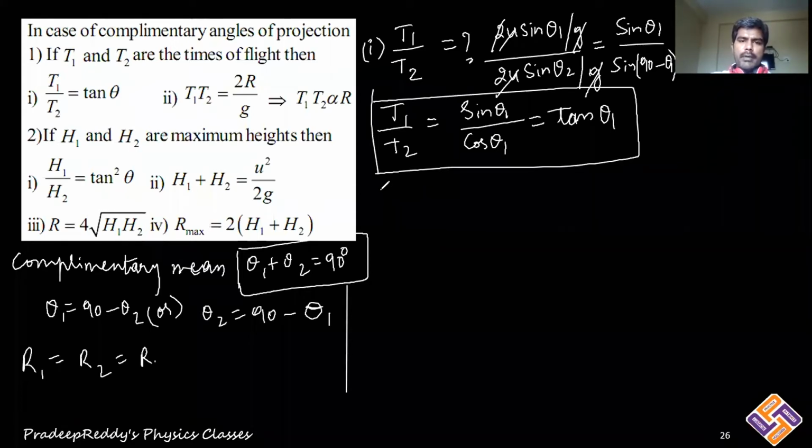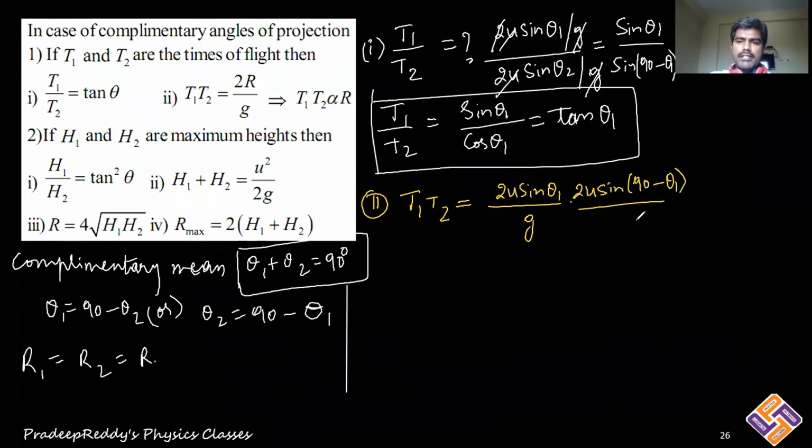Now coming to number 2. We need to find out the product of the times. Product of the time is T1 T2. T1 T2 can be written as 2u sine theta 1 divided by g into 2u sine of 90 minus theta 1 divided by g.